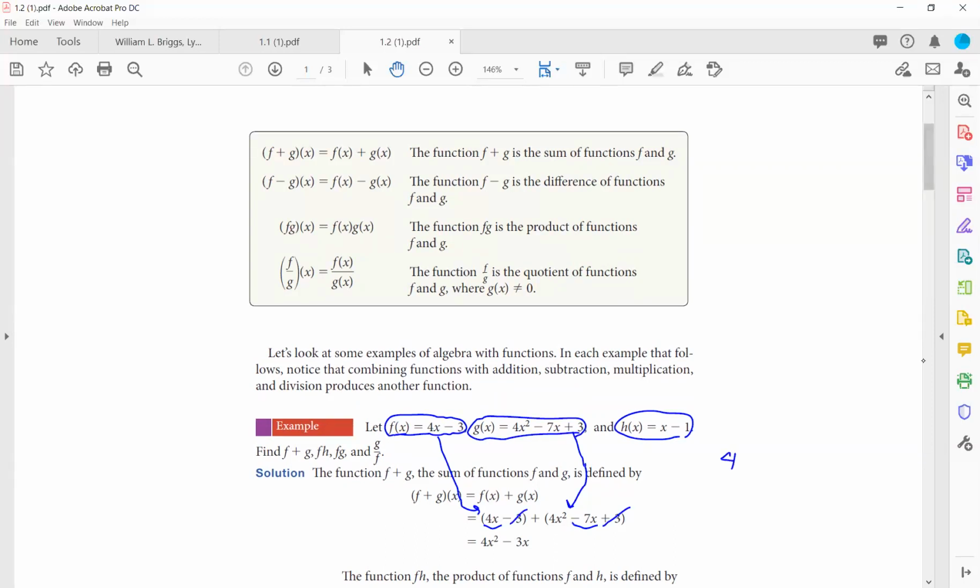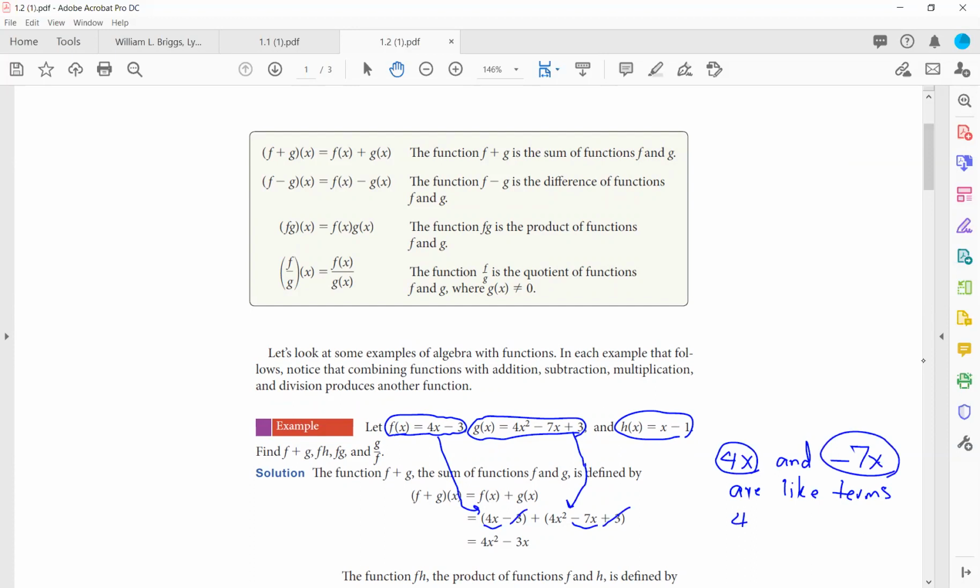So 4x and minus 7x are like terms because they have the same degree. Both of them are of degree 1.